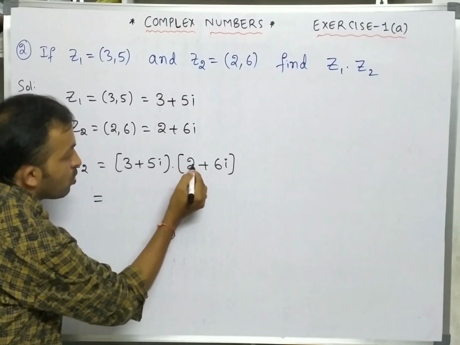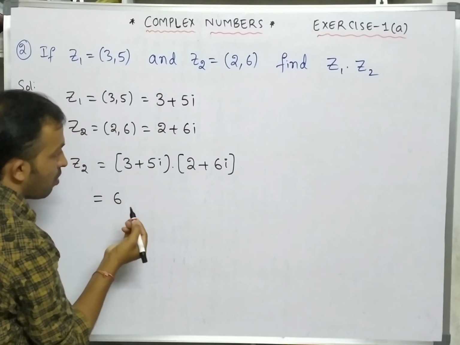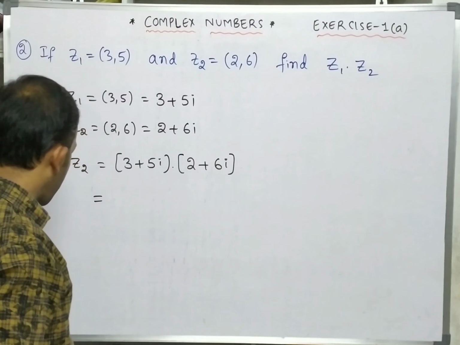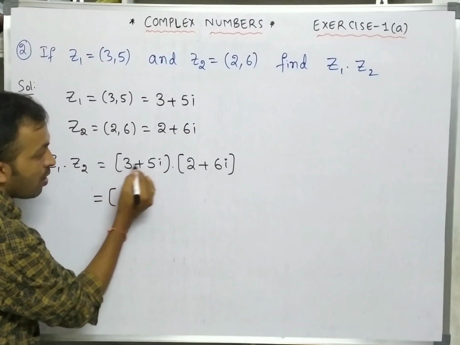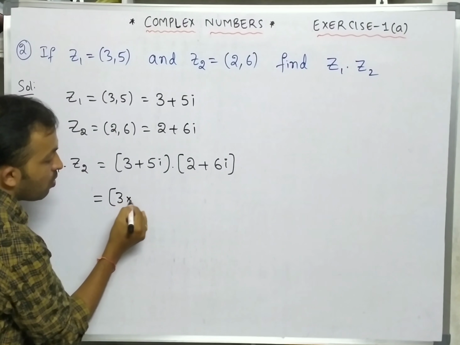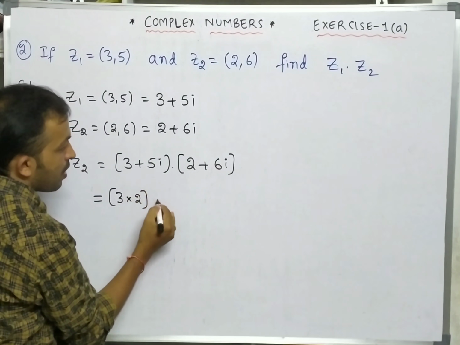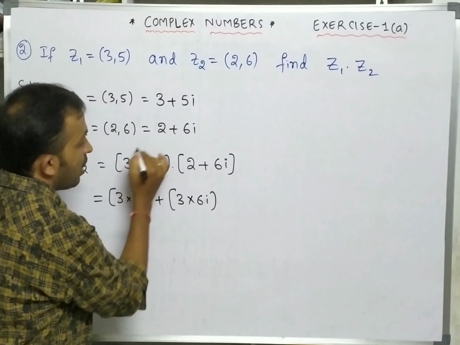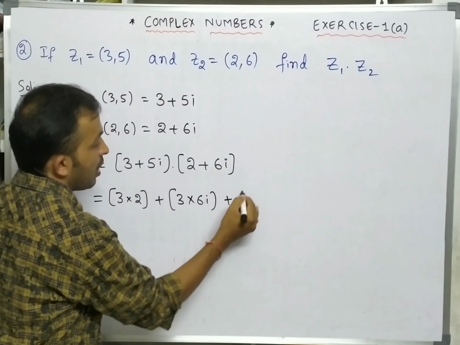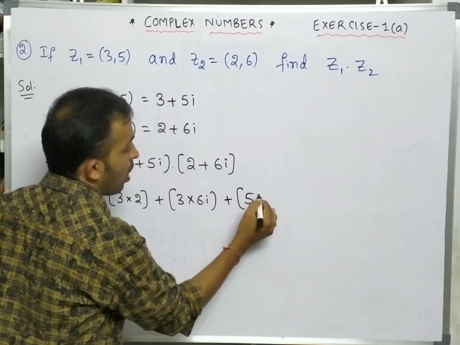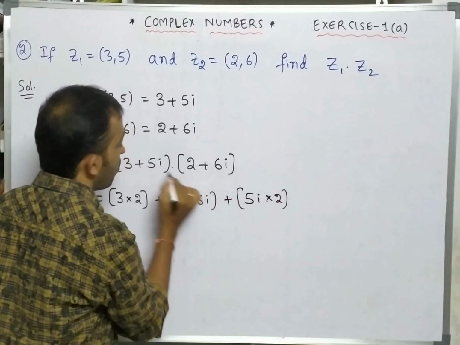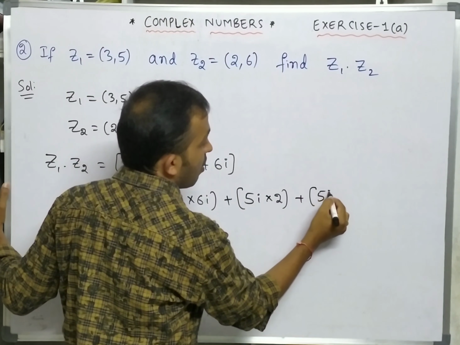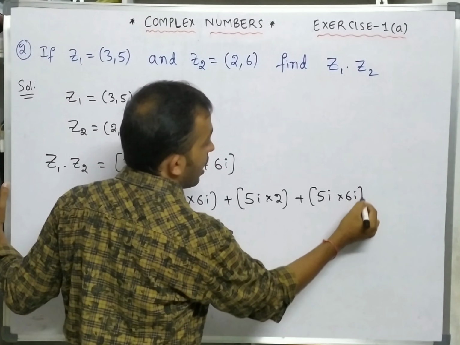First 3 into 2, next plus 3 into 6i, next plus 5i into 2, and 5i into 6i.